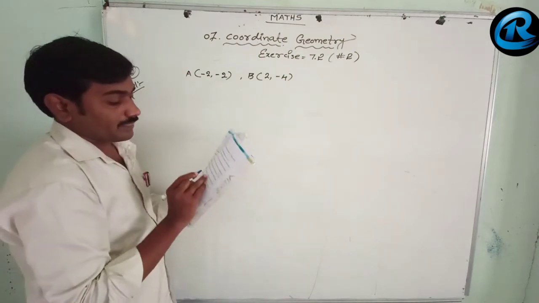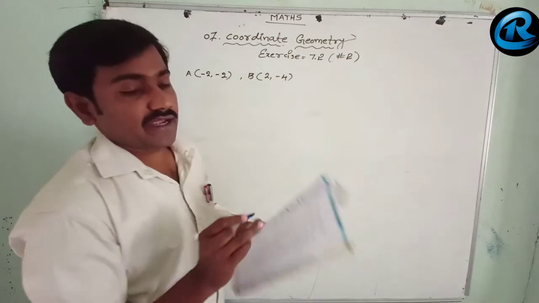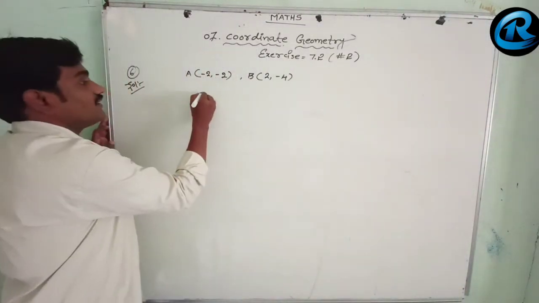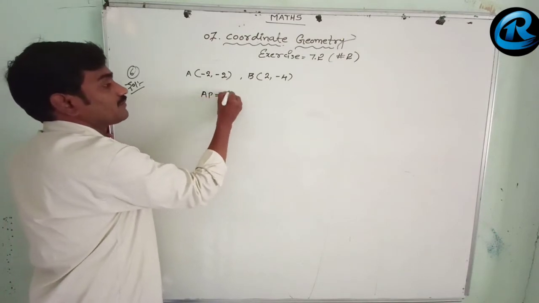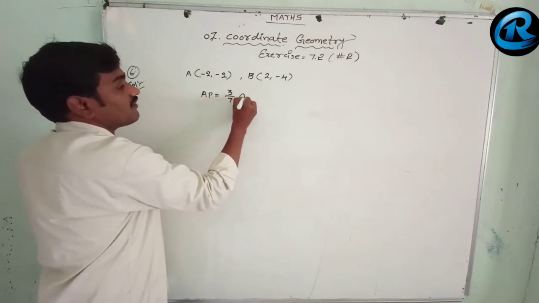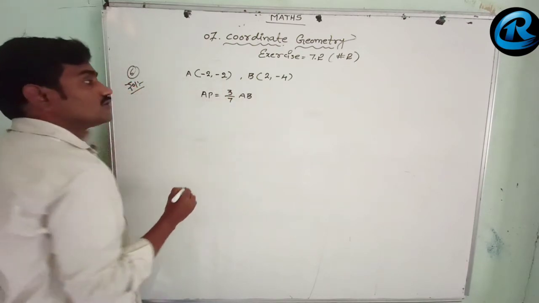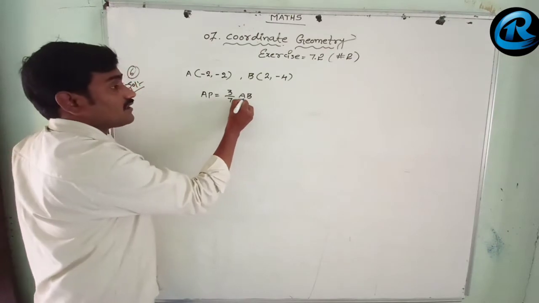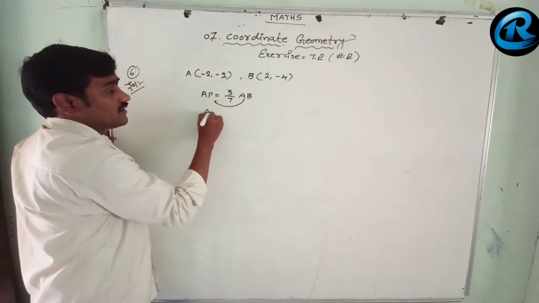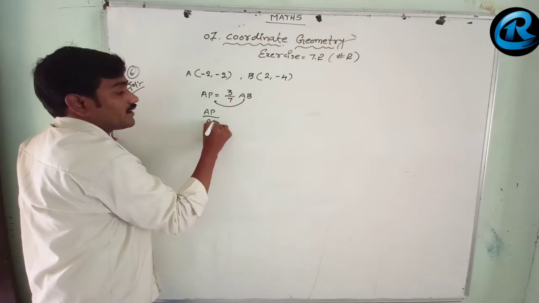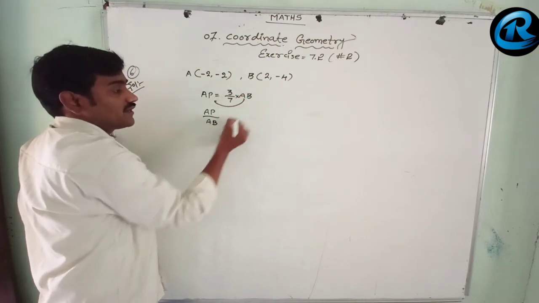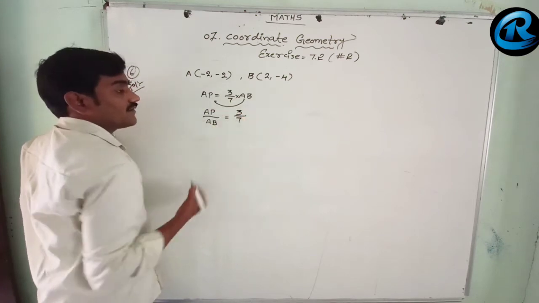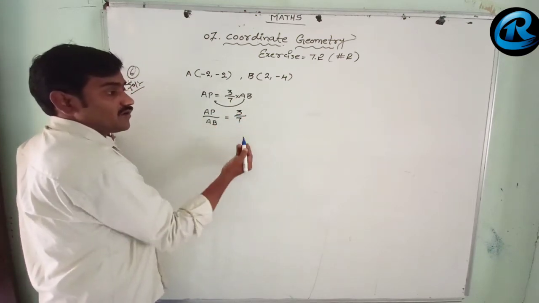Find P such that AP equals 3 by 7 of AB. Here it is very important, children. Notice this. First transfer this AB to this side, where it will divide. So we get AP by AB equal to 3 by 7. That means AP equals 3 parts.